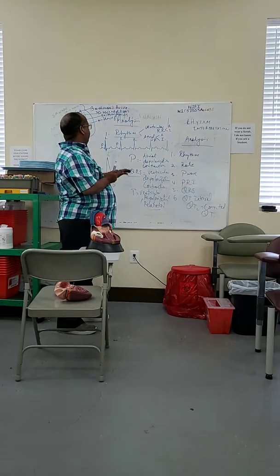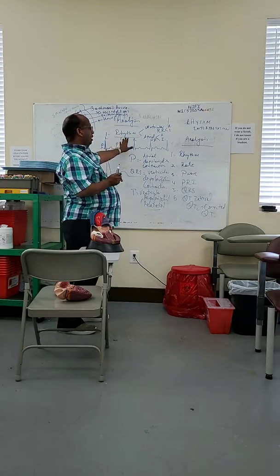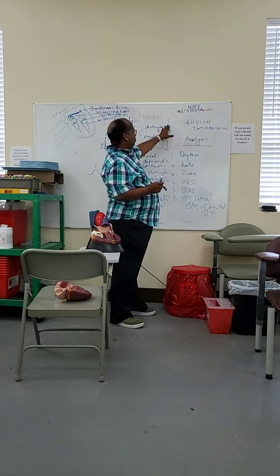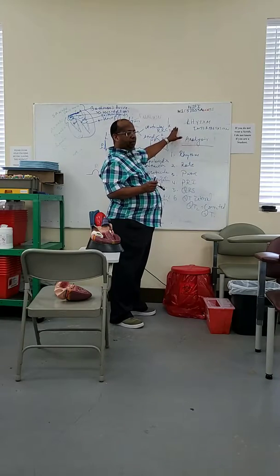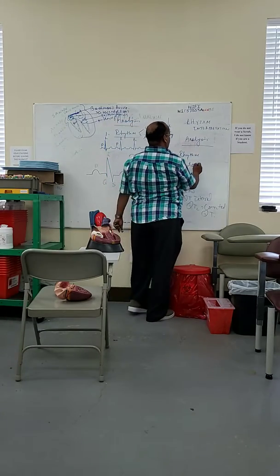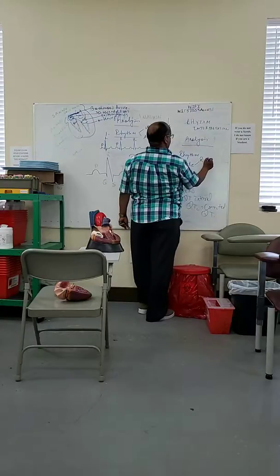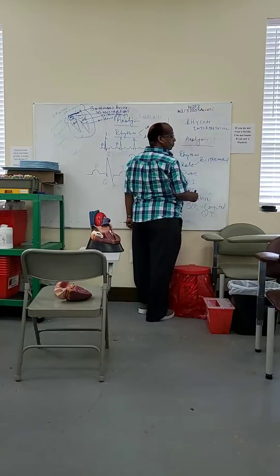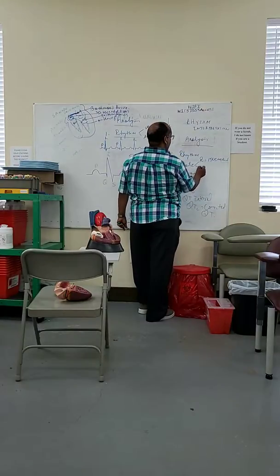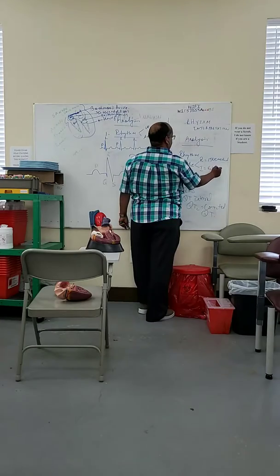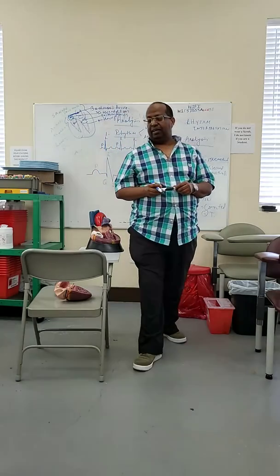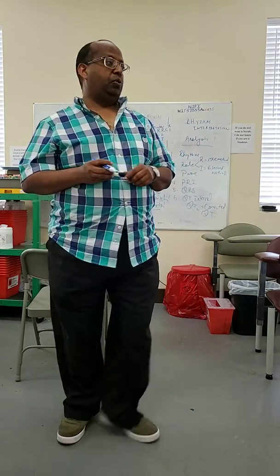So after the rhythm, then you need to analyze what? The rate. Okay? So we said that we have 2 kinds of rhythm, it can be regular or irregular. So if the rhythm is regular, you use what kind of method? The 1500 method. Okay? For irregular rhythm, you use what? 6 second method. Okay. So what do you mean by 1500 method? 1500 method means you count what?